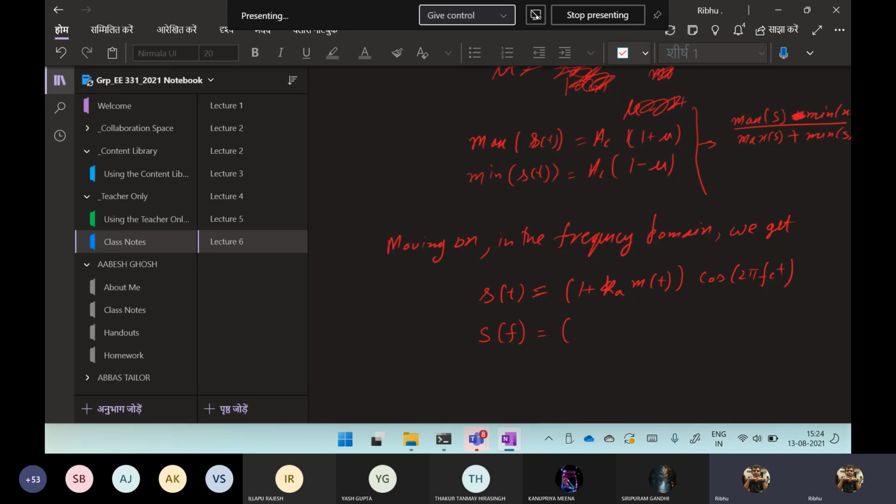S(f) equals... am I missing anything here?